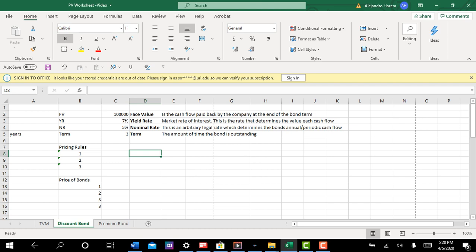Okay, so let's do rule 1. Under rule 1, there's a relationship.